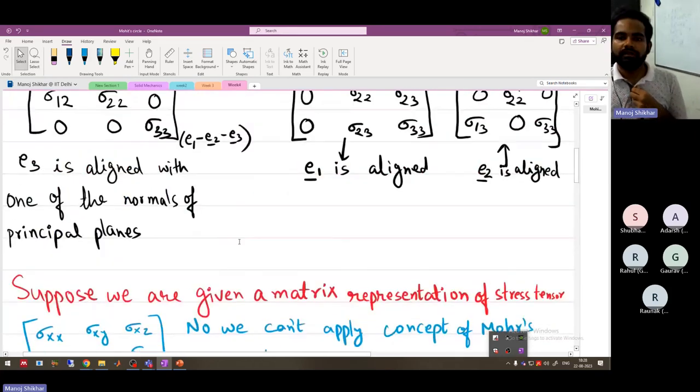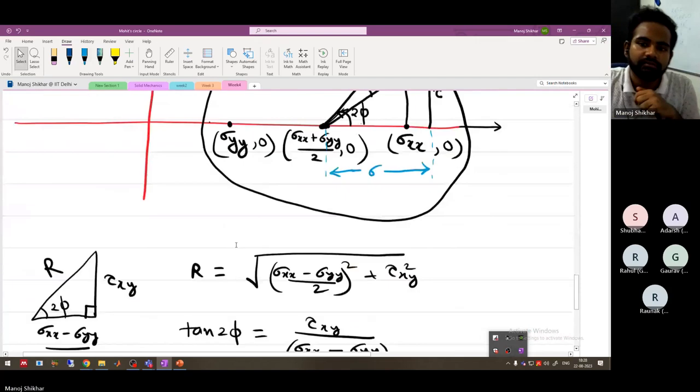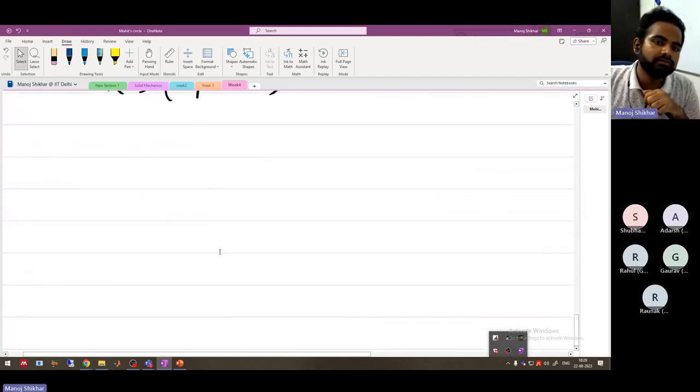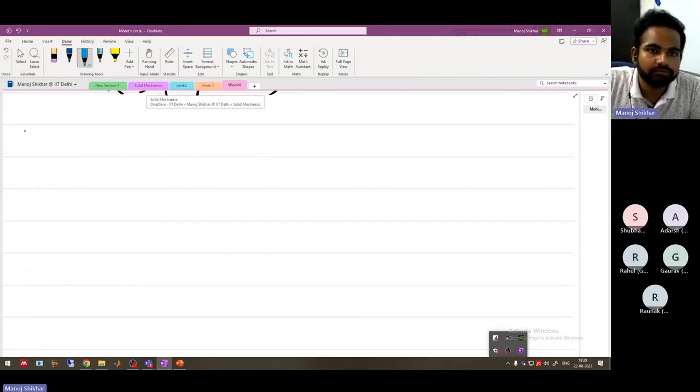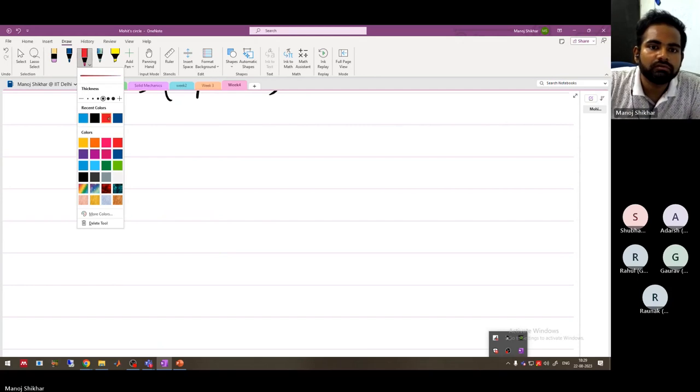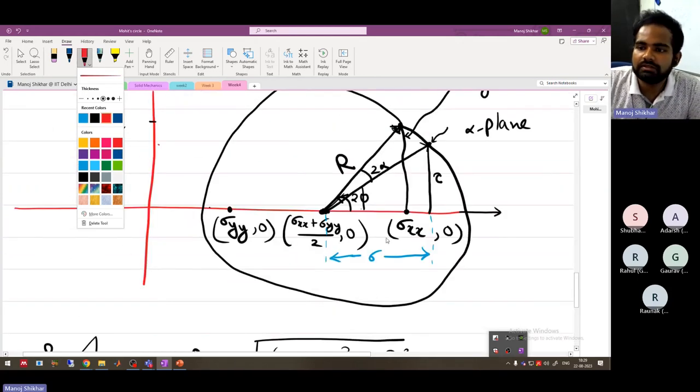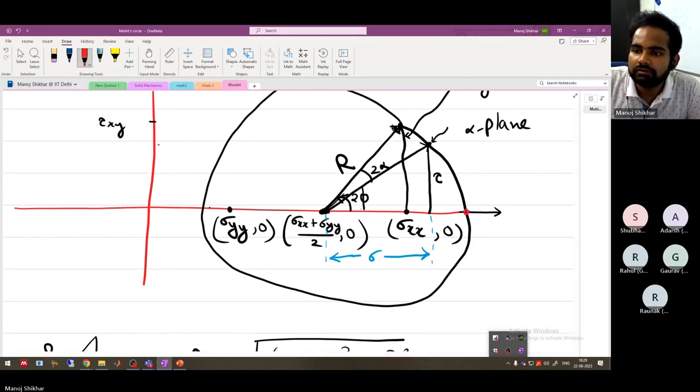So I hope till now everything is clear. Now comes the concept. We will also solve some problems on Mohr circles. Now comes the concept of Mohr's plane. And of course, one thing I forgot to mention is this is lambda 1, this is lambda 2.